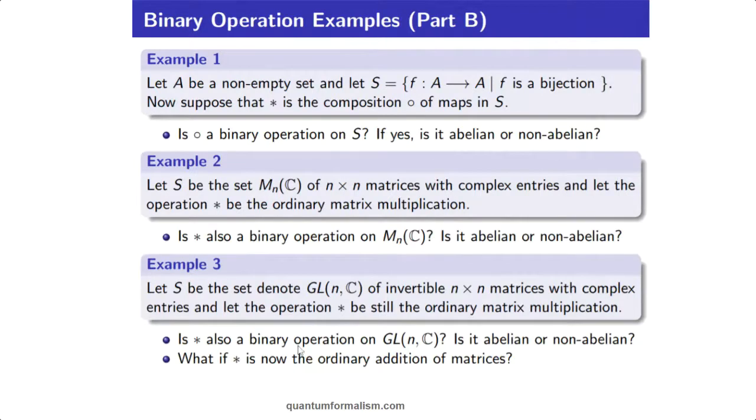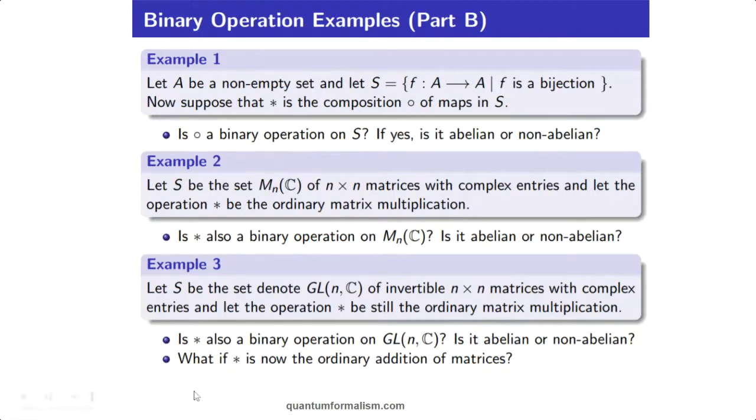Think about, first of all, does the operation of addition define a binary operation on this set? In other words, if we have two invertible matrices and you add them together, is the result necessarily invertible? Remember, this is not that set, this is the set of all invertible matrices.